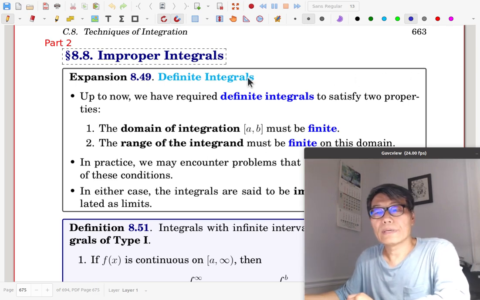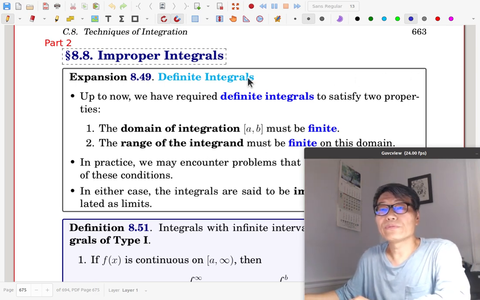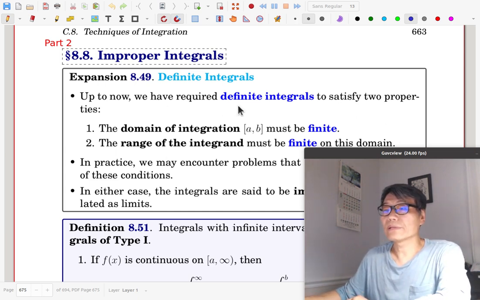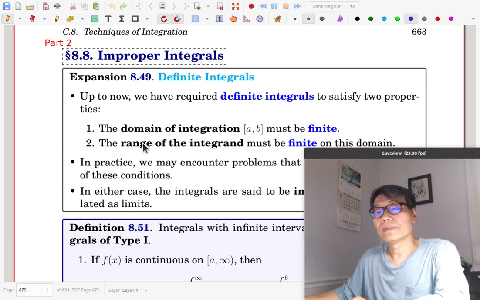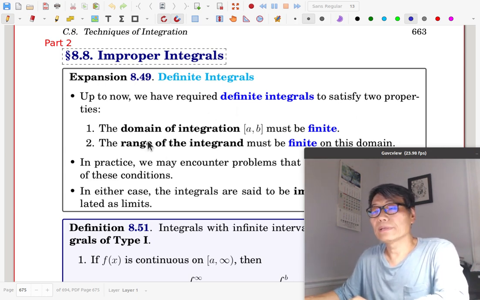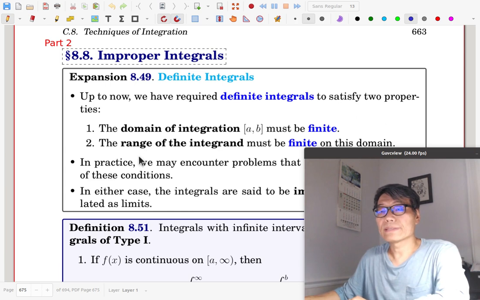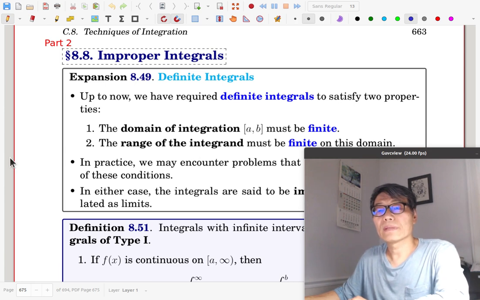It is part 2 of a review for chapter 8, techniques of integration. So far, we have required for definite integrals to satisfy two properties. The domain of integration must be finite, and the range of the integrand must be finite on this domain.